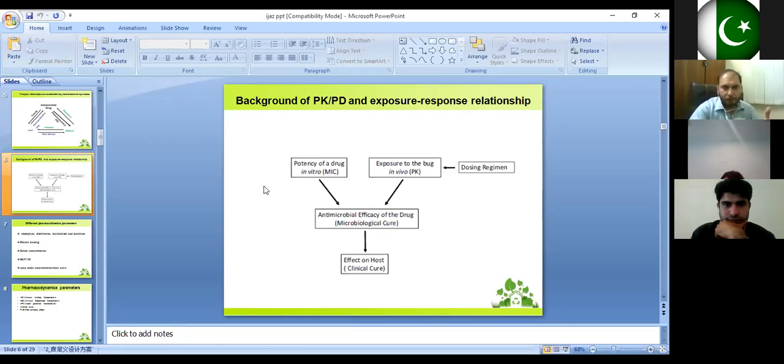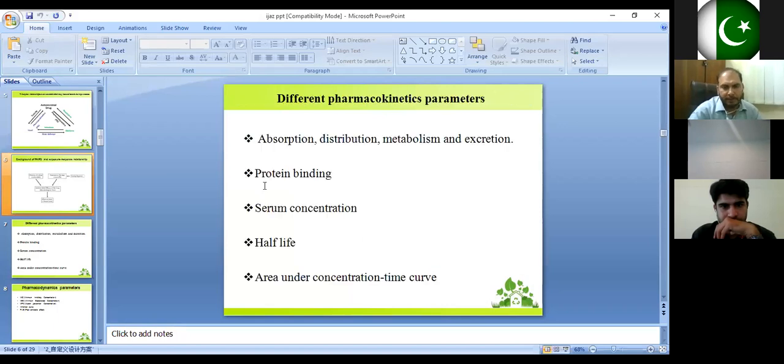And then after that efficacy, they will affect the host. If there is an infected person, human or animal, then we should check their clinical efficacy, that the drug we are using is clinically effective or not. So this is all about the dosage regime.